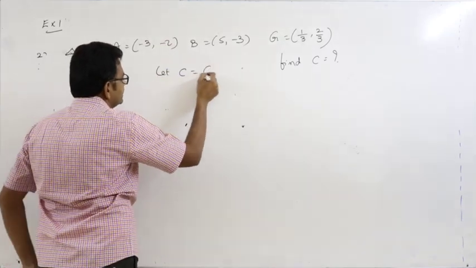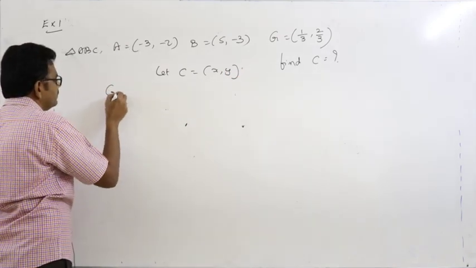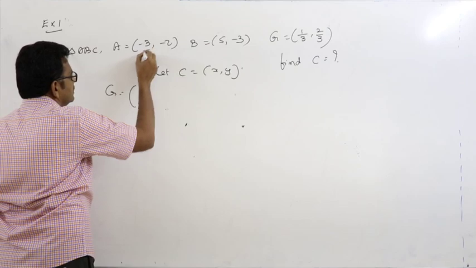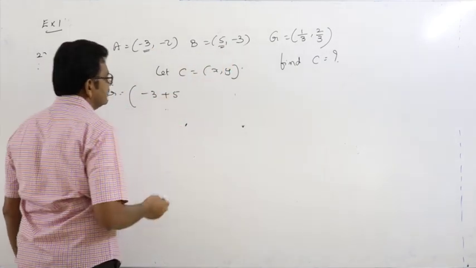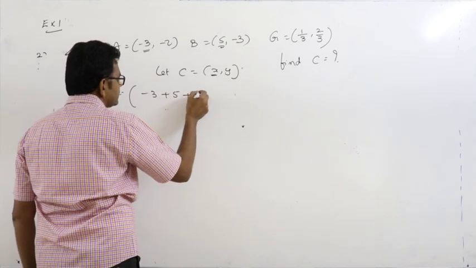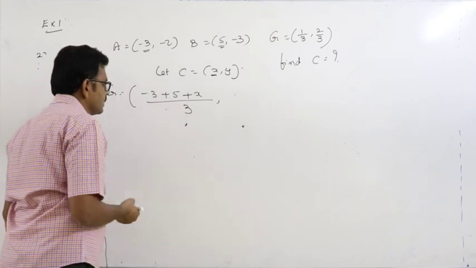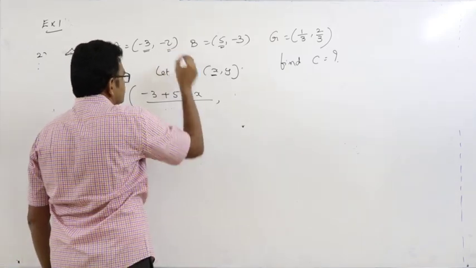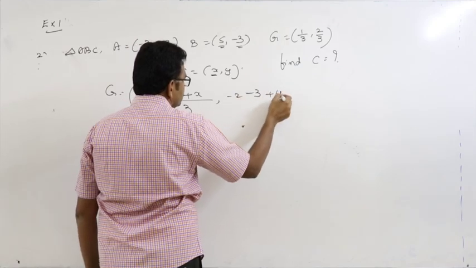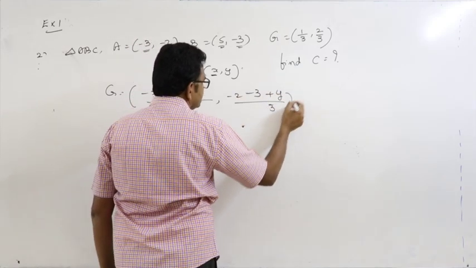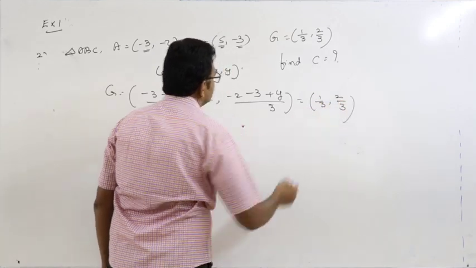Let C coordinates be x, y. Now centroid formula: x: minus 3 plus 5 plus x by 3, y: minus 2 plus minus 3 plus y by 3 is equal to given centroid 1 by 3, 2 by 3.